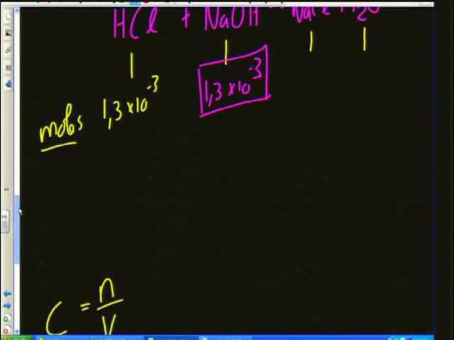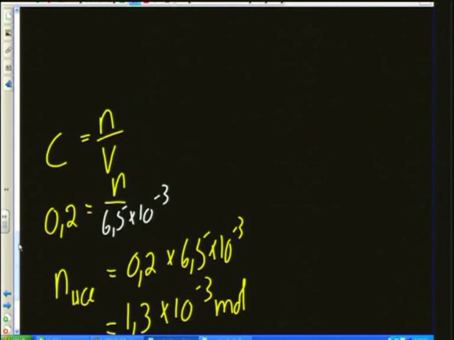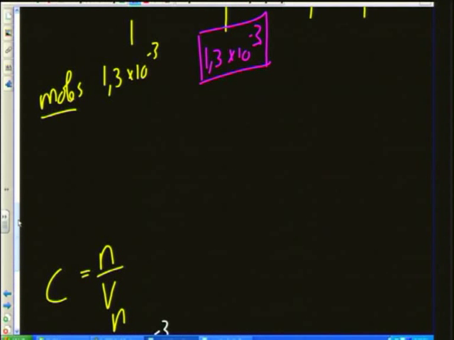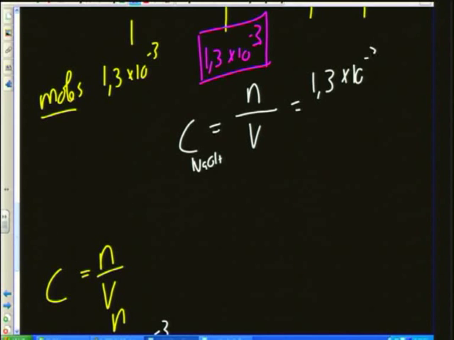So I'm going to use exactly the same little formula, but I'm going to change it this way around. I'm going to say my concentration of sodium hydroxide is equal to the number of moles divided by the volume, which in this case is 1.3 times 10 to the minus 3 divided by 25 times 10 to the minus 3. Okay, so let's put it on the calculator now.